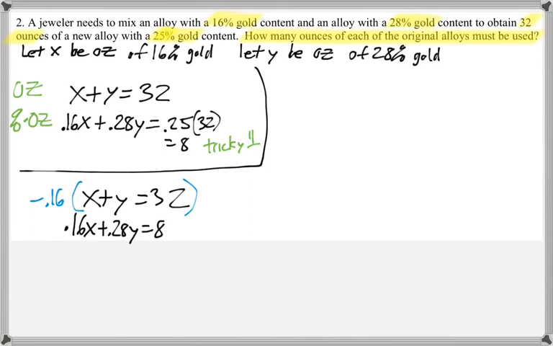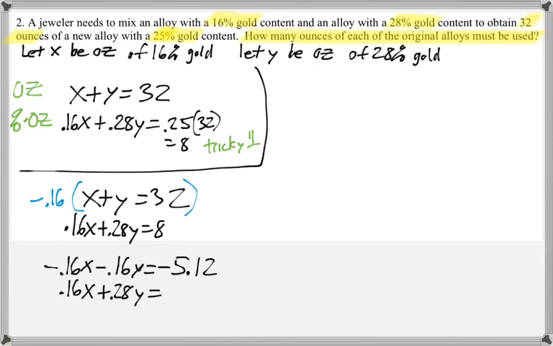That's going to give me negative 0.16x minus 0.16y is equal to negative 5.12. And the second equation, I'm not changing that at all. So now when I add these up vertically, my x's go away. My y's become 0.12y, and that's equal to 2.88.